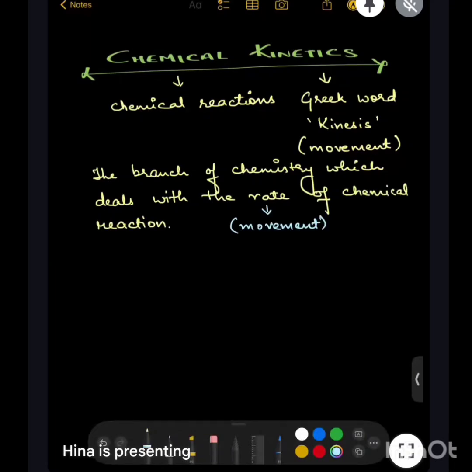The chemical reaction is represented as reactants that are changing into the products.